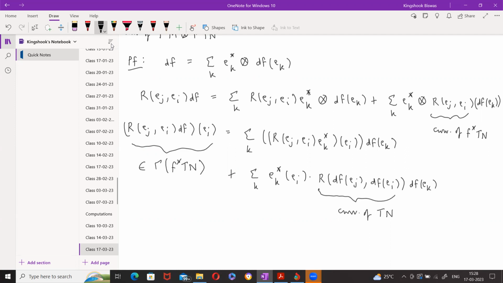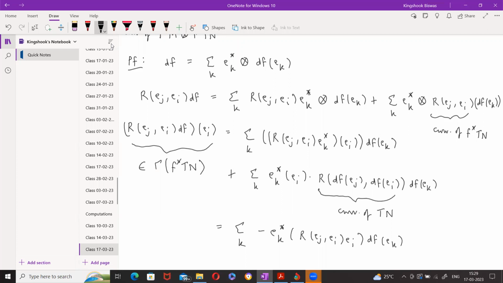Now let's compute this. This R of E_J, E_I, E_K star acting on E_I, this first term we saw, was minus E_K star acting on R of E_J, E_I acting on E_I.